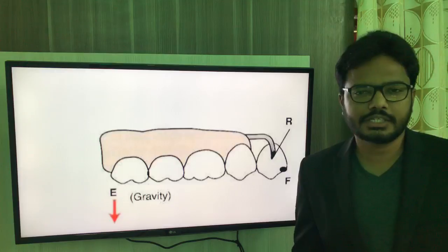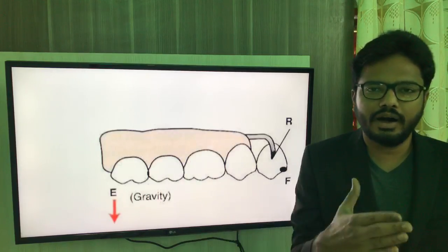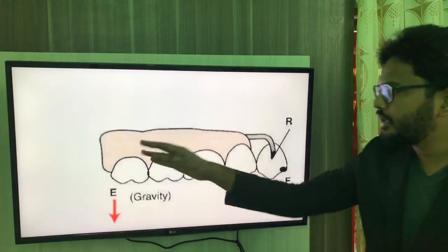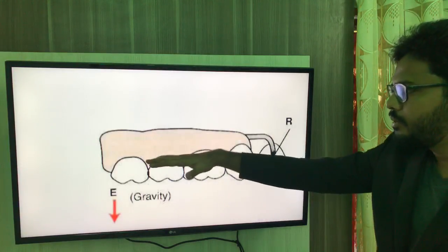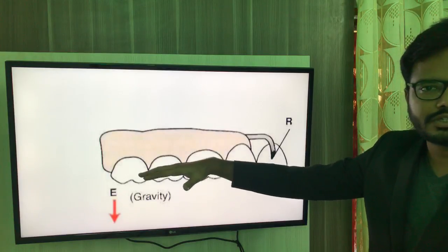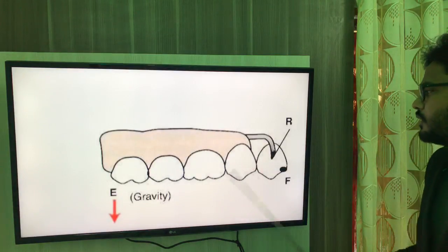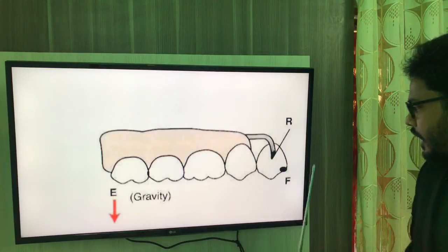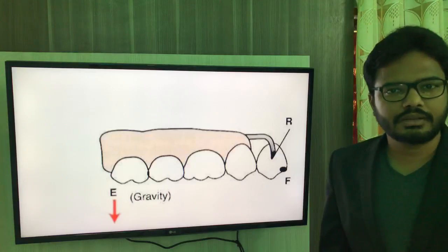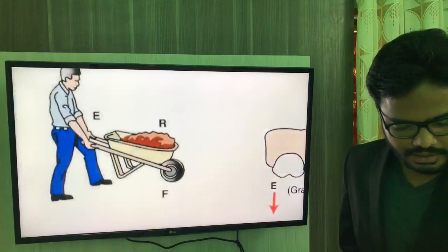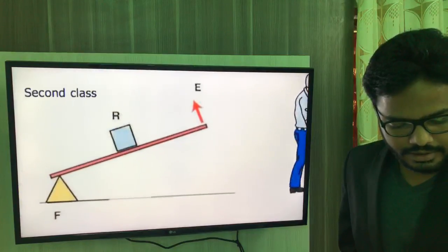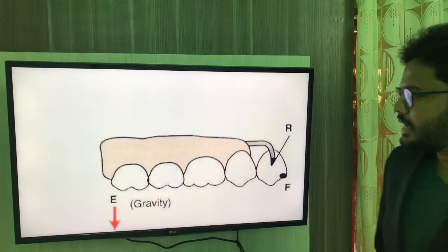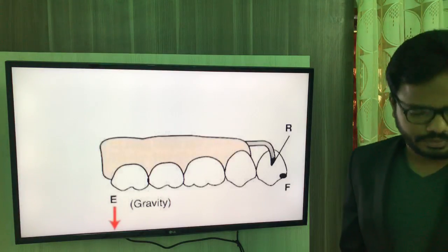The design is in such a way that the rest is placed far from the edentulous space, so that the fulcrum is shifted away from the edentulous spaces, so that there will be minimum forces acting on the soft tissues, right? So minimal damage comparatively. So resistance by your retainer. Resistance is in the center of your effort arm and fulcrum arm, as we have seen in the previous illustration also, right? Resistance in the center, again resistance in the center. The same concept. So this design represents your class 2, in fact.